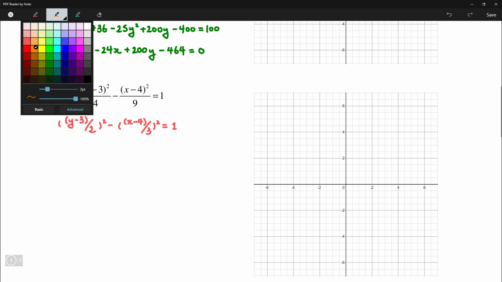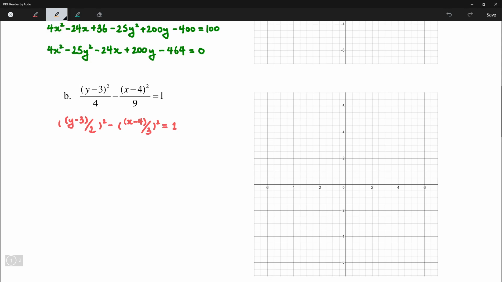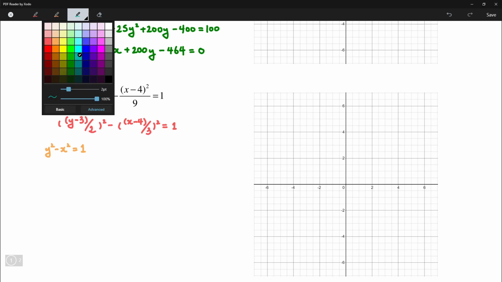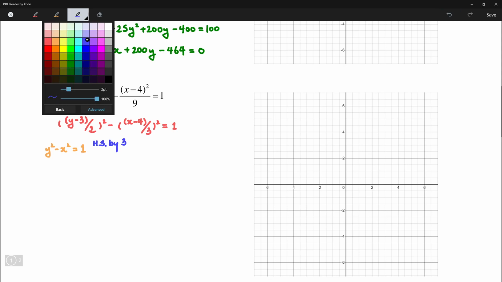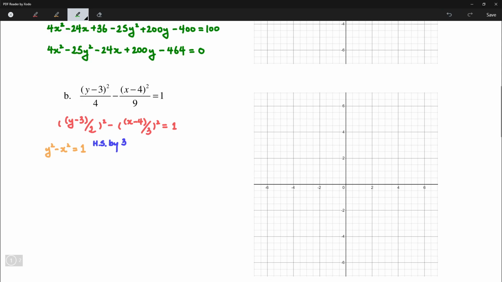So this time, we have the y squared minus x squared equals 1 hyperbola. There are, once again, two stretches, so the horizontal stretch this time is by 3. Note that that is the coefficient next to the x variable. And the vertical stretch will be by 2.